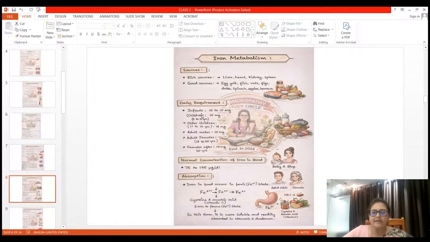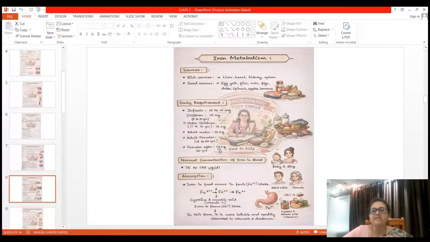Daily requirement: infants 10 to 15 milligrams, children 4 to 10 years 15 milligrams, older children 11 to 16 years 18 milligrams, adult females 18 milligrams, during pregnancy also 18 milligrams, females after the age of 50 years 10 milligrams.